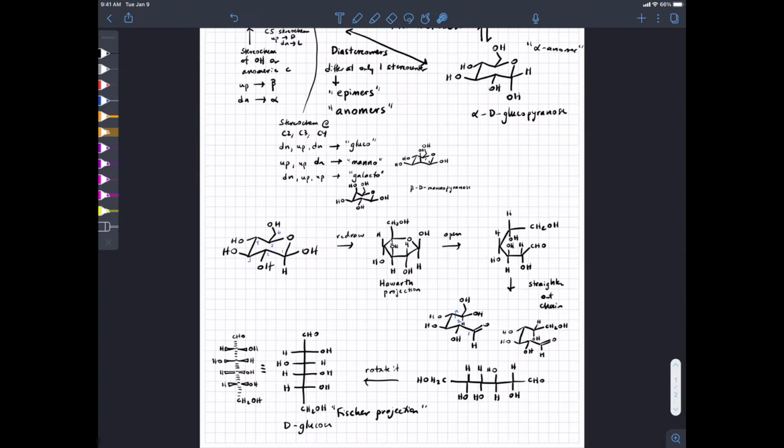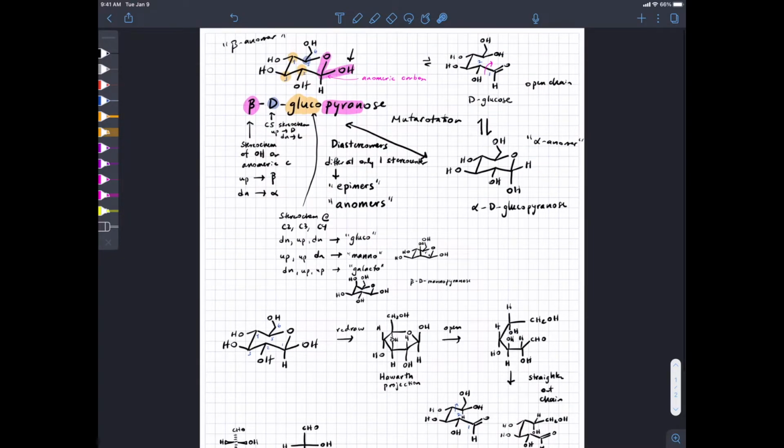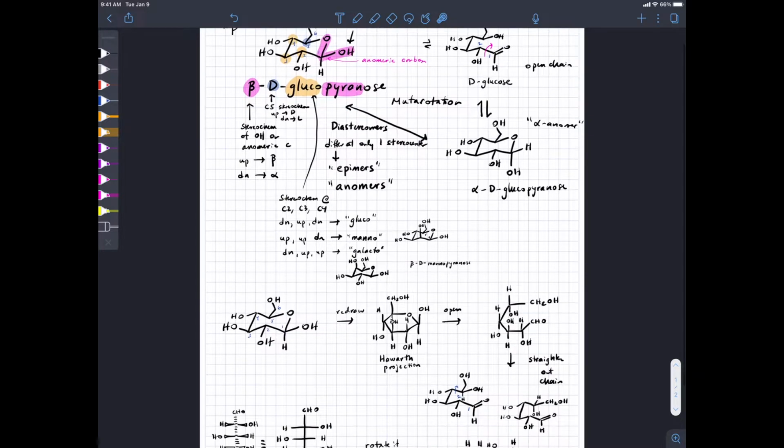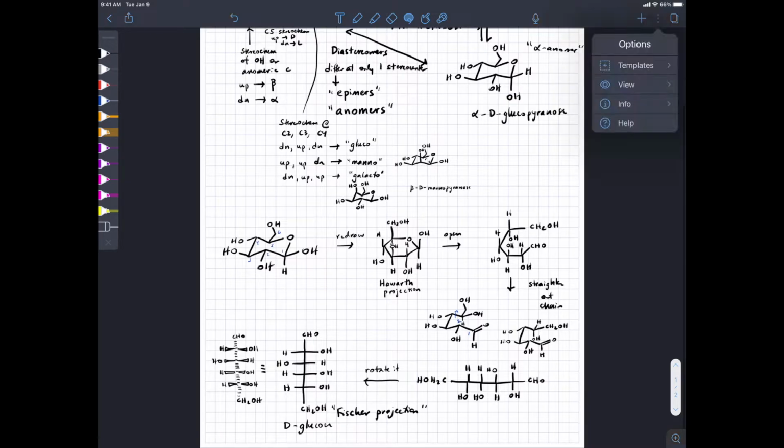Okay, questions so far? All right. So I want to talk about carbohydrate chemistry, but then also some carbohydrate biology. And I want to start by talking about these beta and alpha anomers. I told you they were in equilibrium.